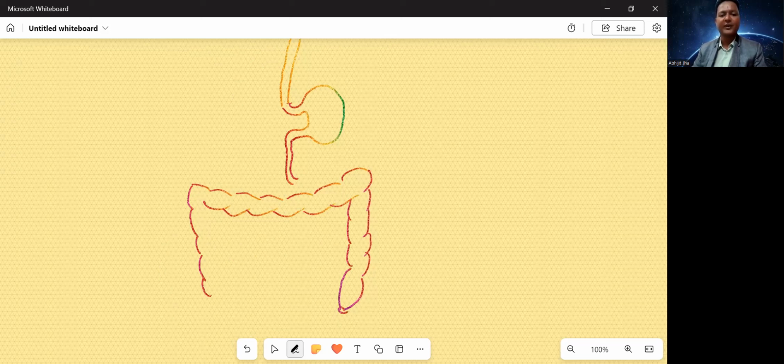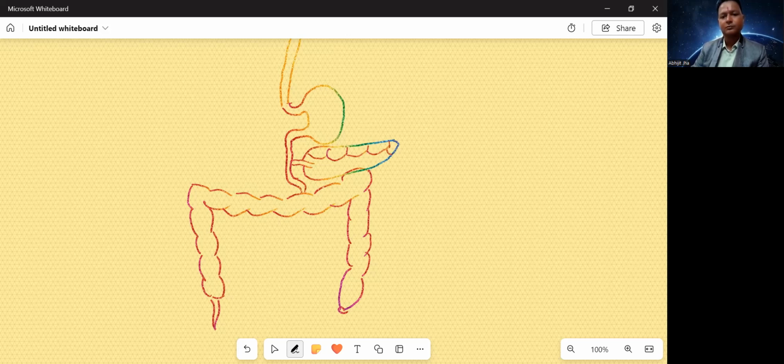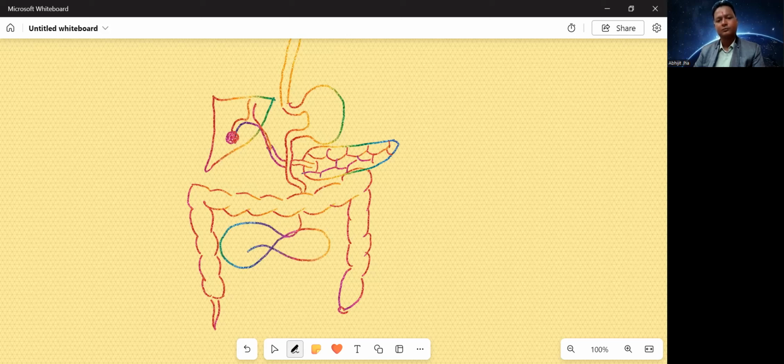After the diagram, we will label each and every part. We will try to keep this diagram as simple as possible so that everyone can make a copy of it.